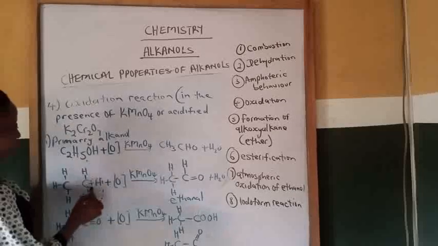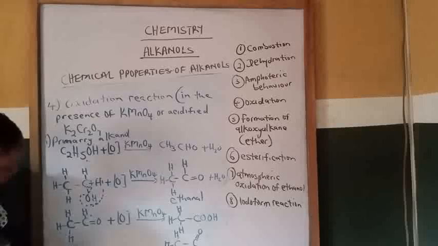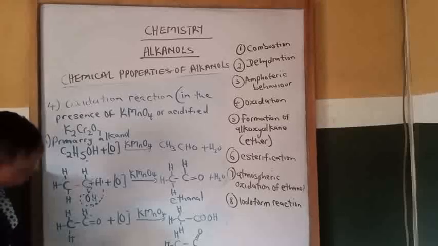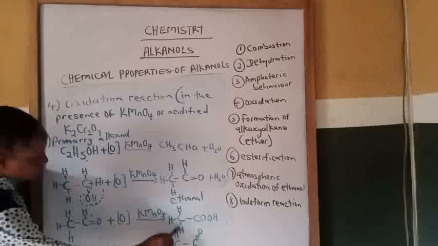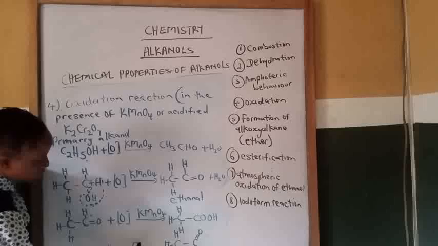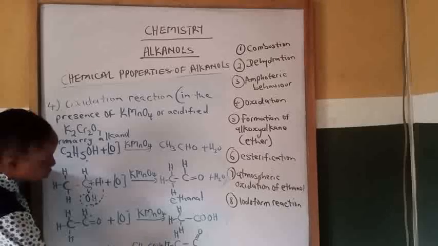Then the second stage now, your product formed here, which is what? CH3CHO. CH3CHO plus oxygen will give us what? Our product is what? CH3COOH.